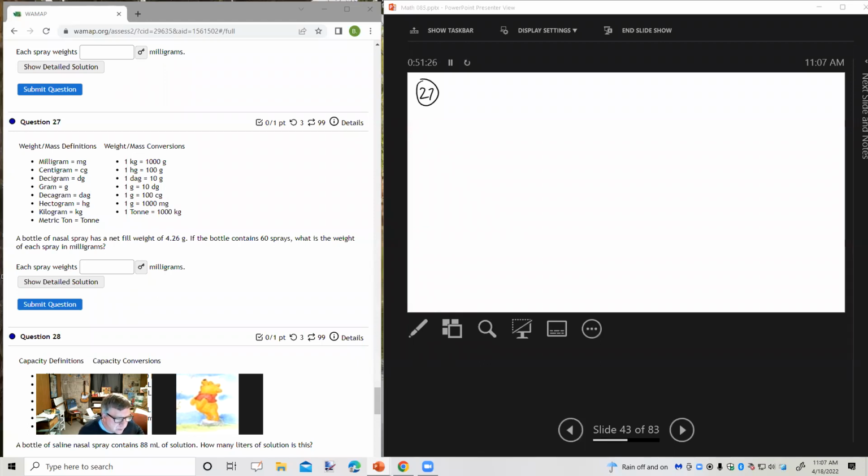A bottle of nasal spray has a net fill weight. That's what it says on the bottle, so that's how much the weight of the spray is inside.